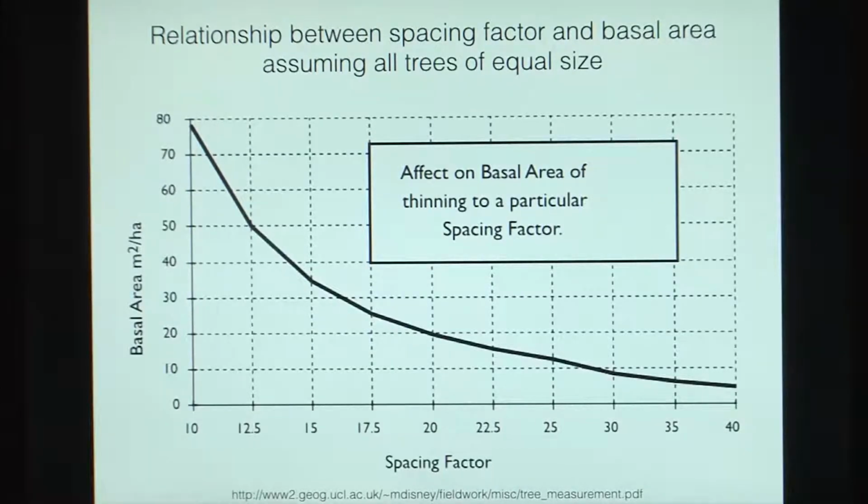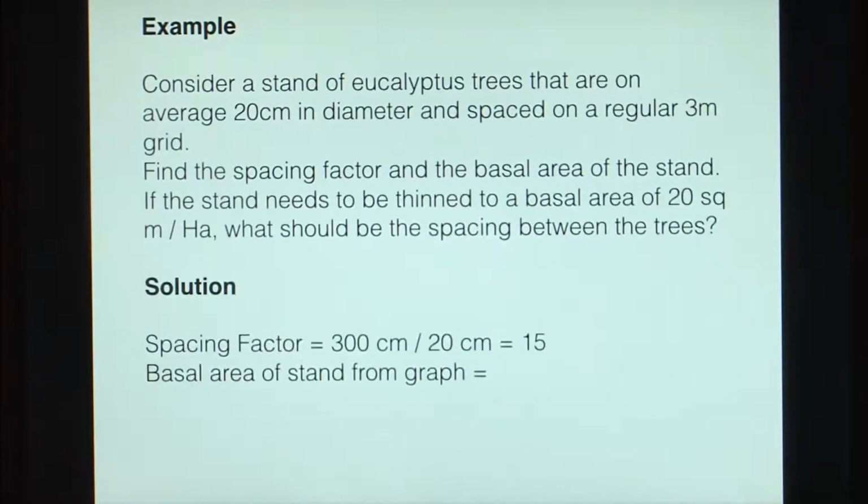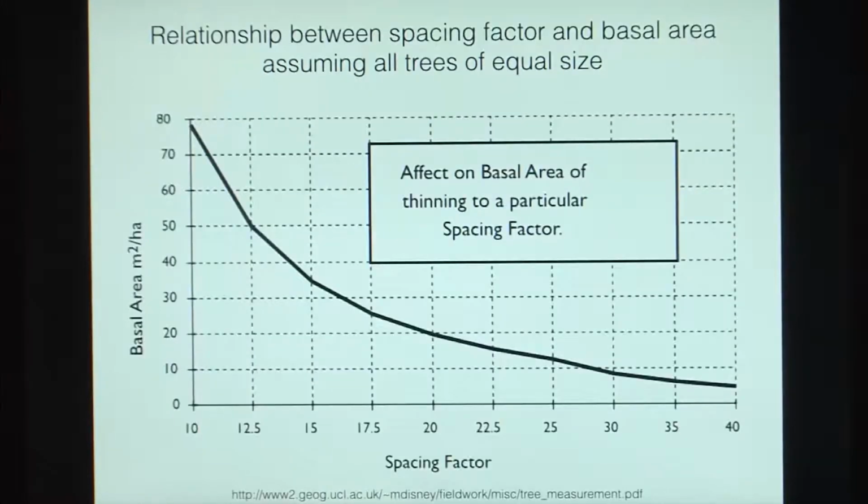So, if we know the spacing factor, we can figure out the basal area, and if we know the basal area, then we can calculate the spacing factor. Now, spacing factor can be used, given our average tree diameter, to figure out the average distance between two trees. So, next we looked at this example in which we were asked to compute the spacing factor and the basal area of the stand from the graph.